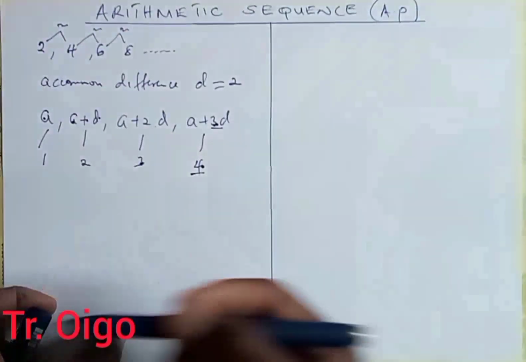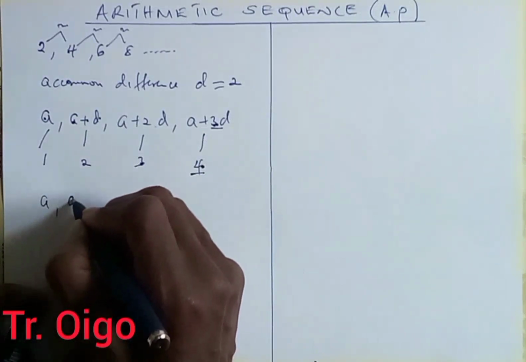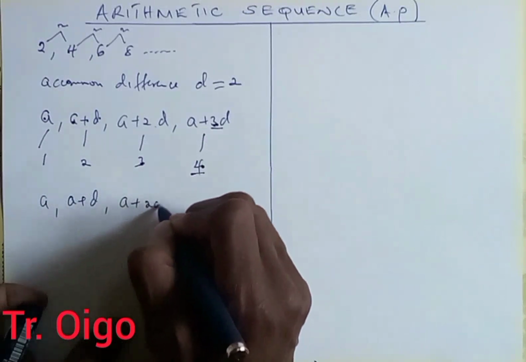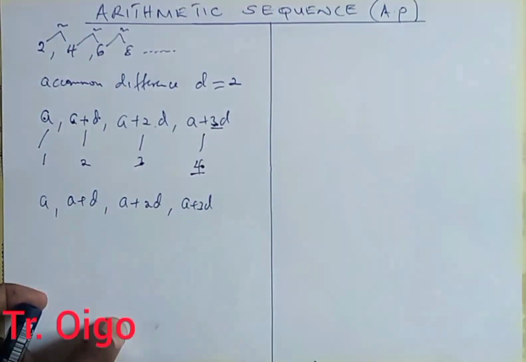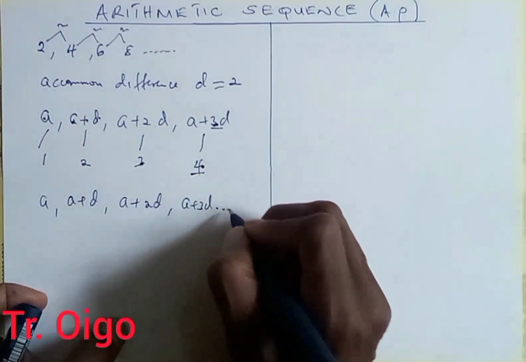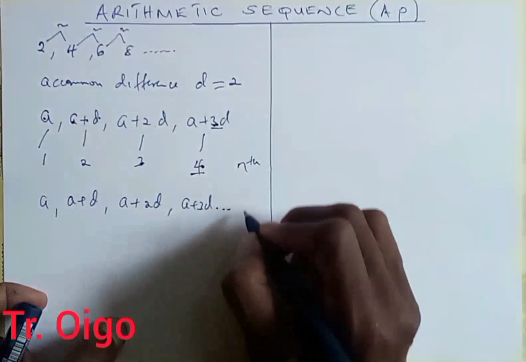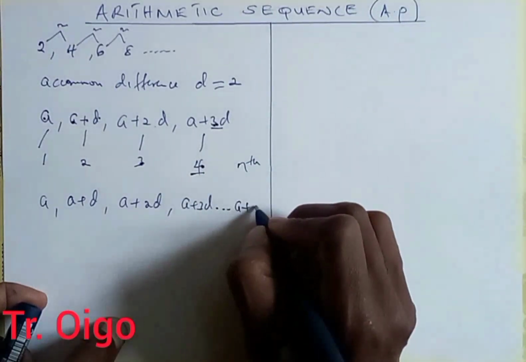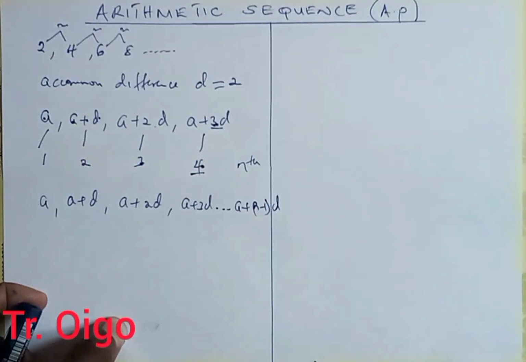And therefore, if I was to write a general case, I'll talk of A plus D, the second term, A plus 2D, the third term, A plus 3D, the fourth term, and it will continue. If I'm going to talk about the nth term, I'll say A plus n minus 1 multiplied by D. What am I saying?